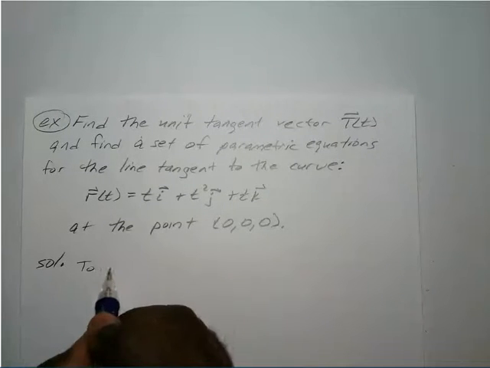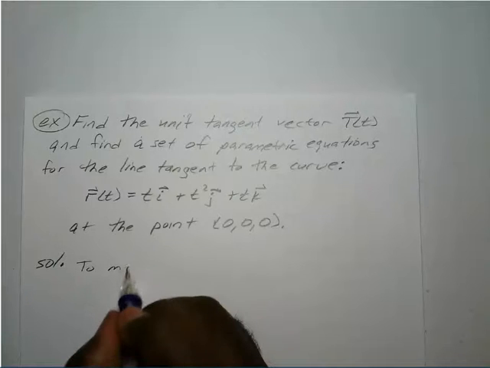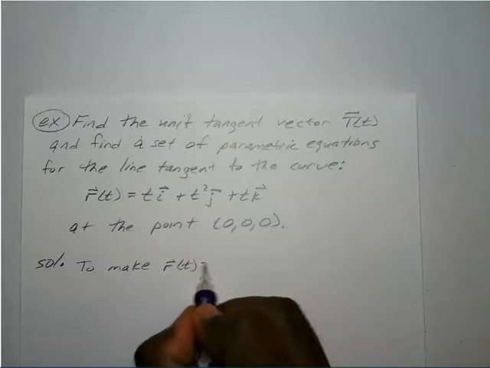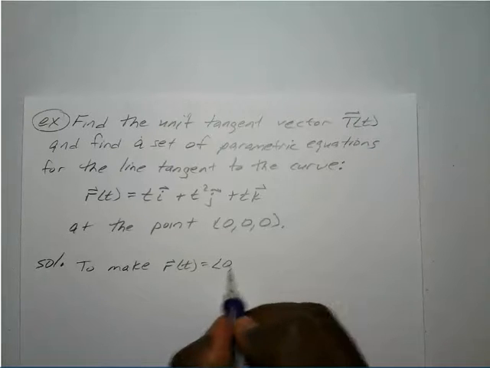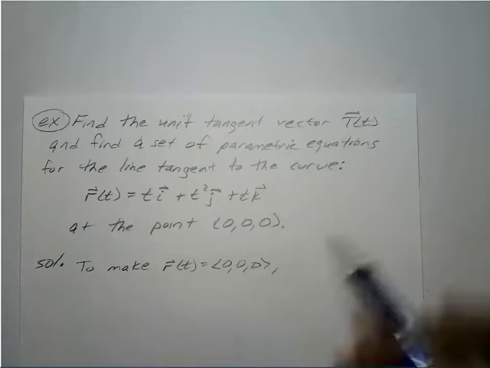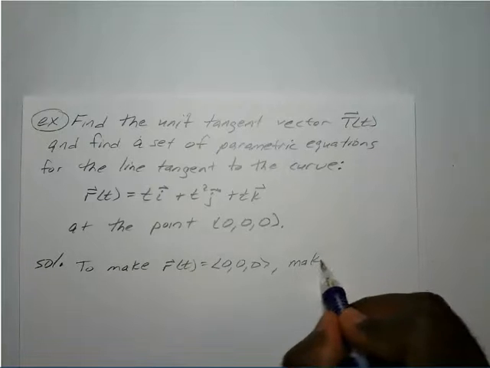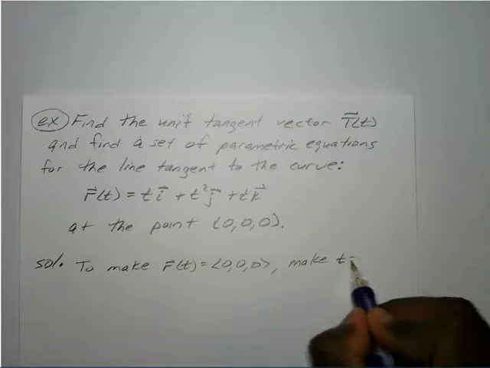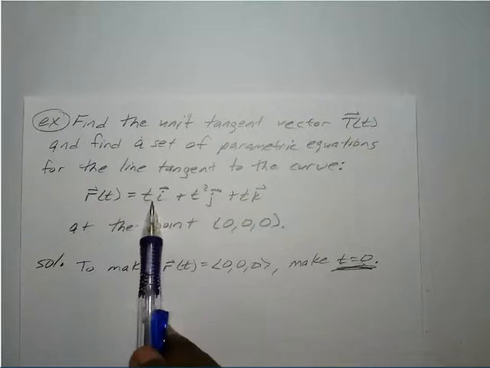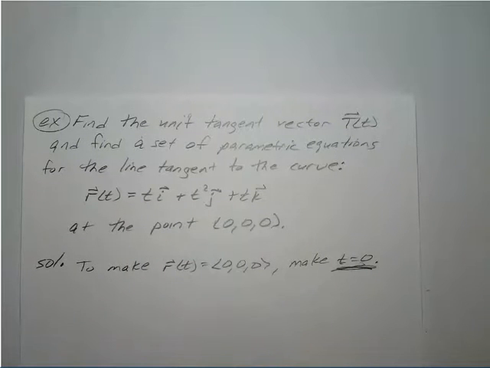To make our r vector equal 0, 0, 0, we just make t equal 0, because you have 0, 0, 0 for all of your components.